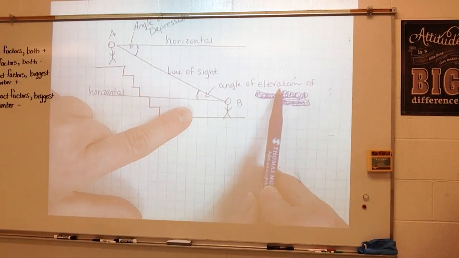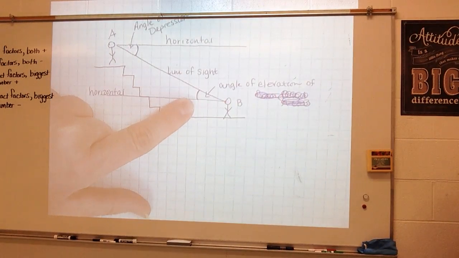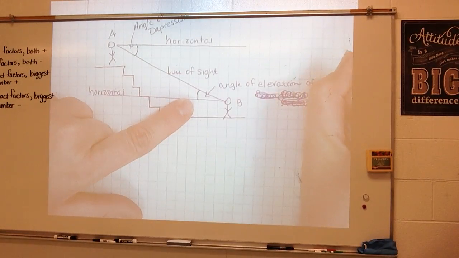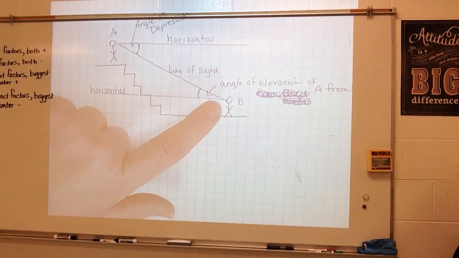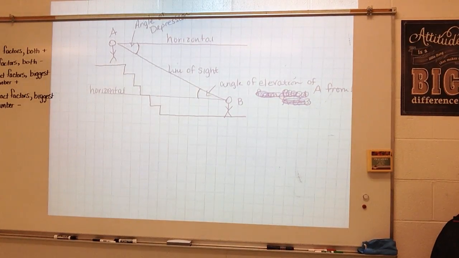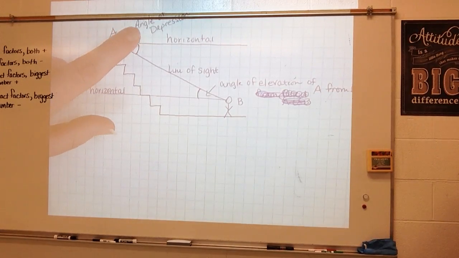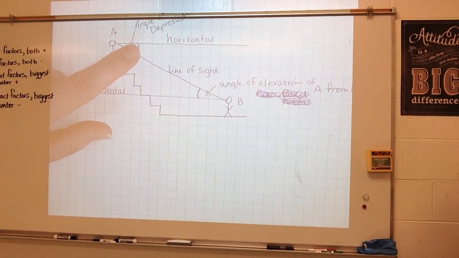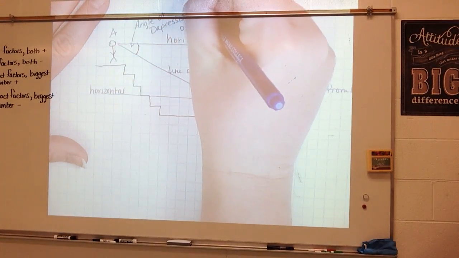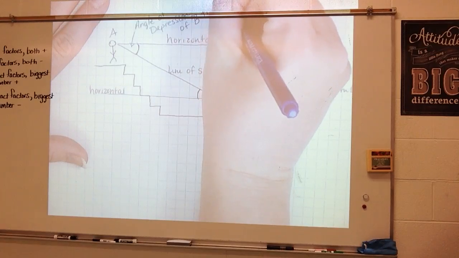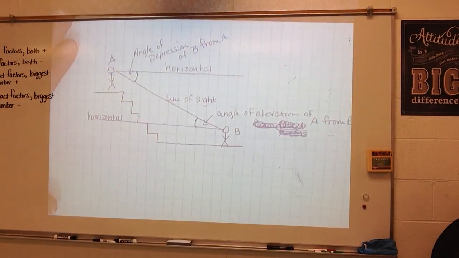This is the angle of elevation of A from B. So in other words, it's from B to A. All right? But we're going to word it this way. This is the angle of depression of B from A. Okay?